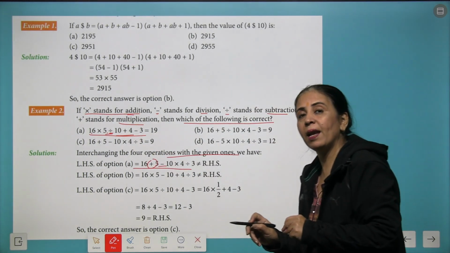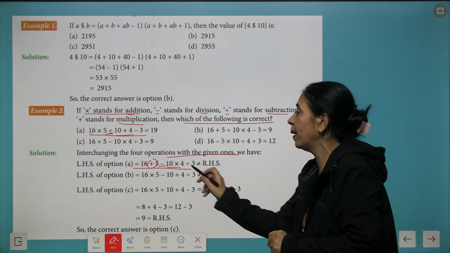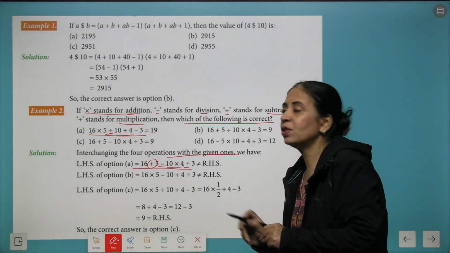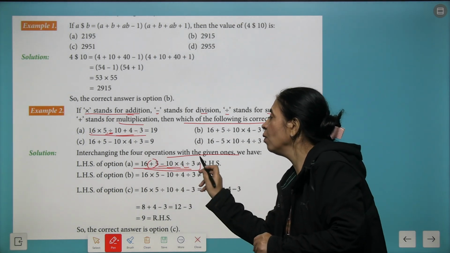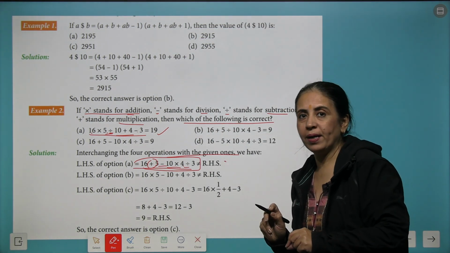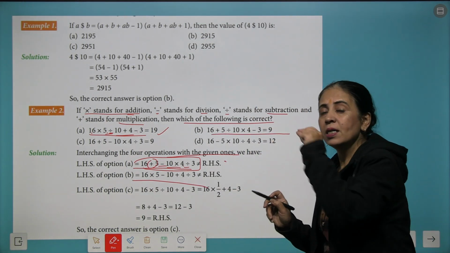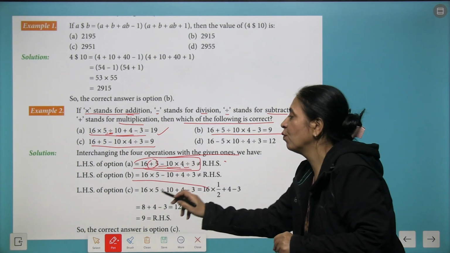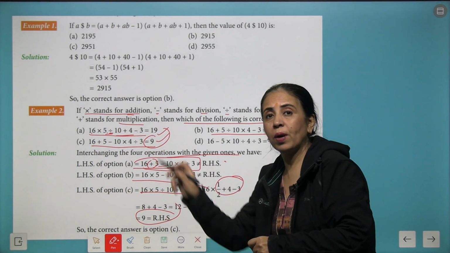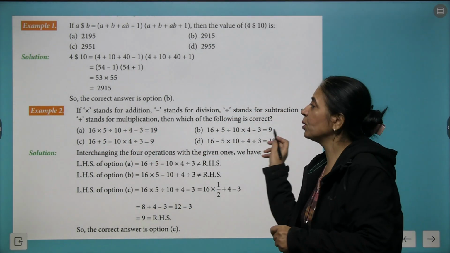Further we have 10 plus 4 and plus is replaced by multiplication. So it becomes 10 multiply 4 and minus is replaced by division. So we write down divide by 3, and when you solve it, we do not get 19. So here it's not equal to right hand side. Similarly, we try it with the B part by changing the symbols, and then we tried it for C part, and on solving we get it is equal to 9, which is equal to right hand side. So we say only C option is the correct option.